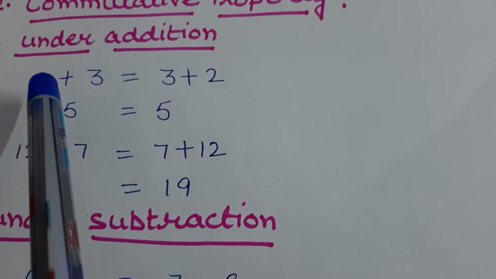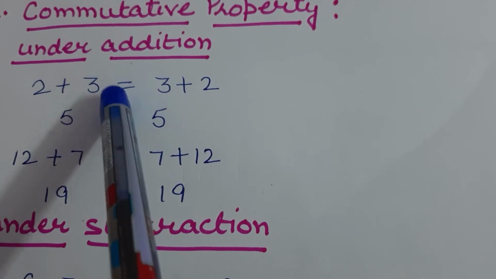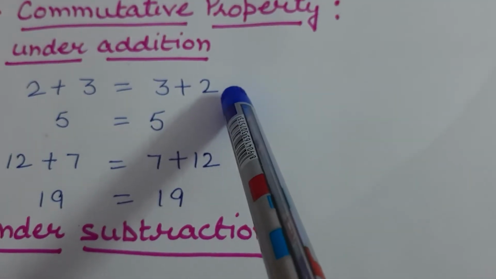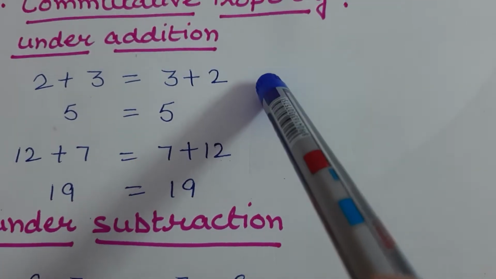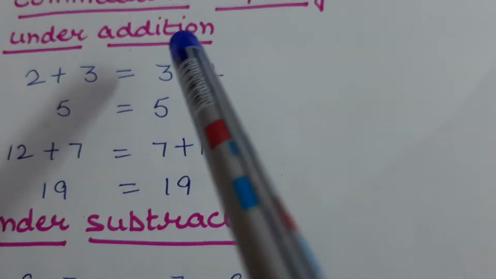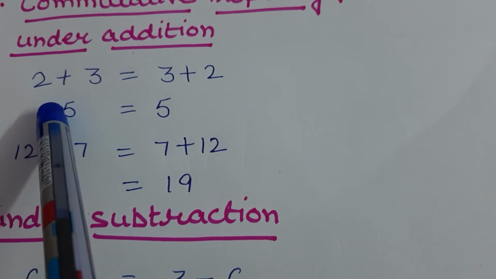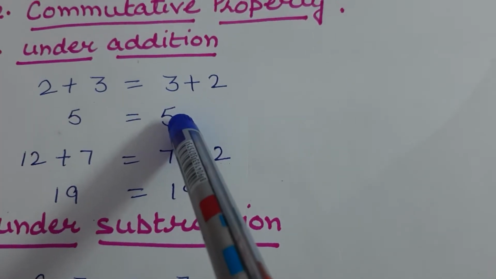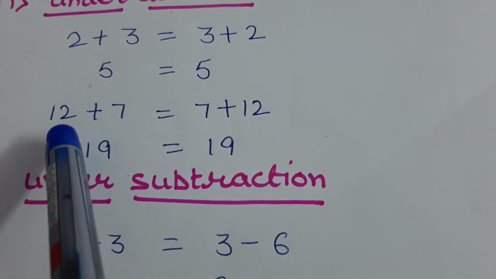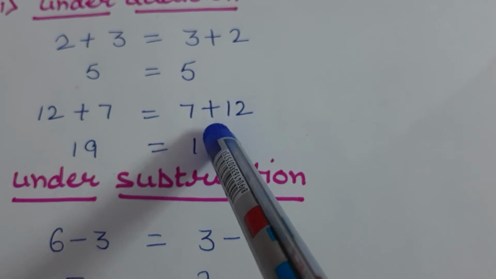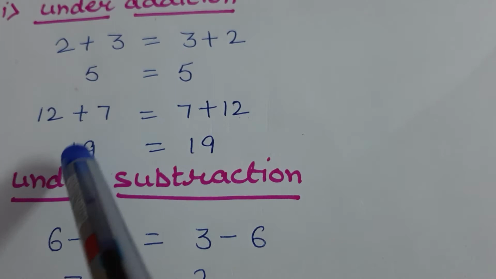If I write 2 plus 3, and on the other side I change their places, 3 plus 2, what are we getting? 2 plus 3 is 5, and 3 plus 2 is also 5. So if we change the places of whole numbers while adding, there is no difference in the answer. We can prove it with a second example, 12 plus 7, then 7 plus 12. On both sides we are getting the same answer, 19 and 19.